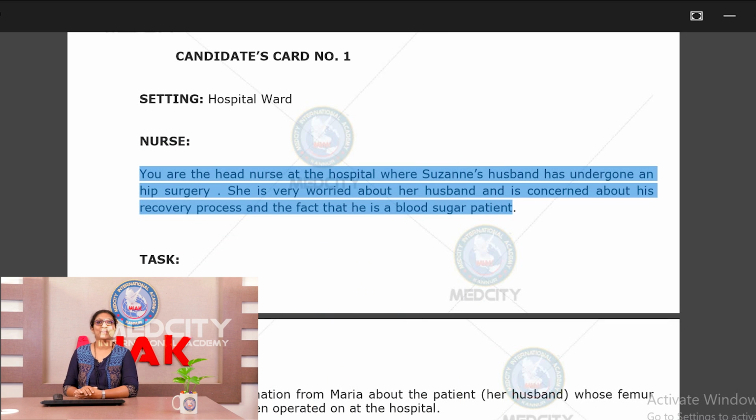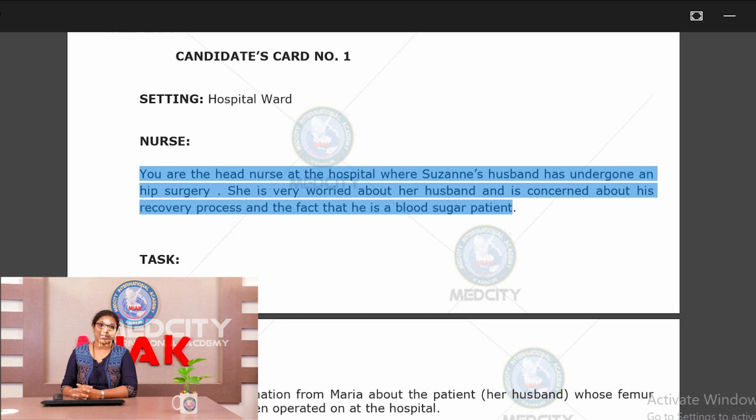In this case, because Susan's husband has already undergone hip surgery, the possibility is high that as a nurse, I've met the patient before, and probably I've also met Susan before because the patient has already undergone a hip surgery, right? So it could be a few days or just one day after the surgery.